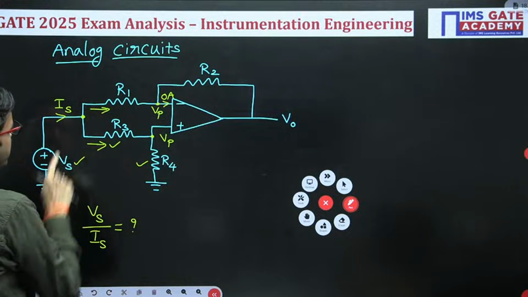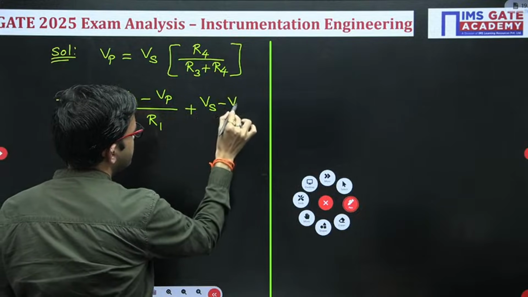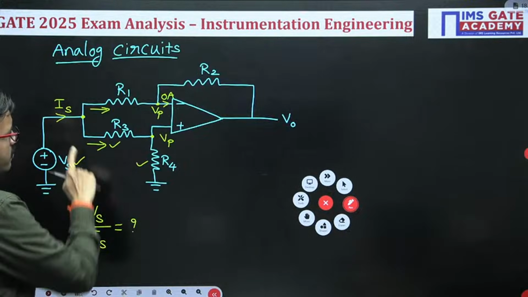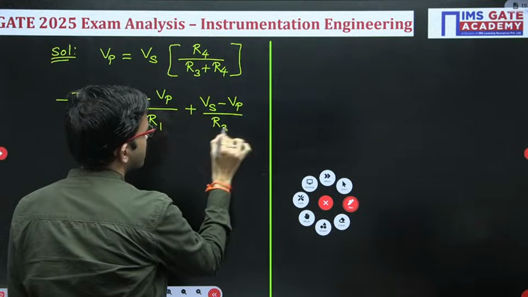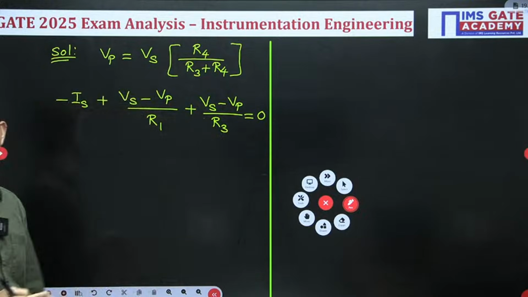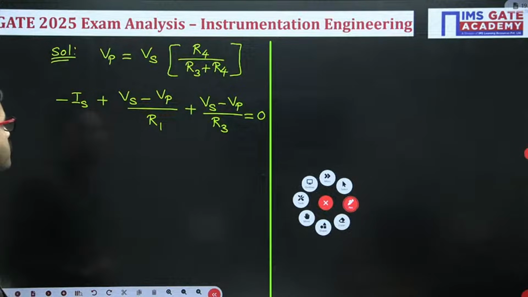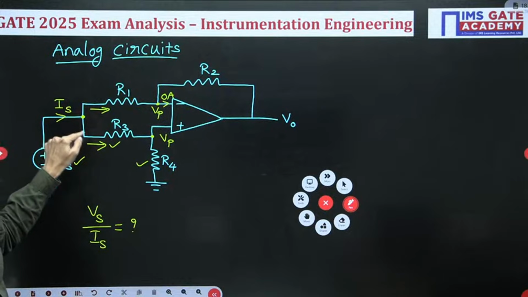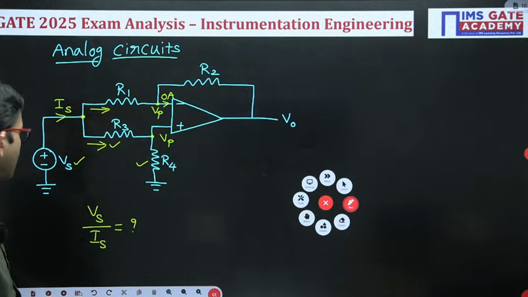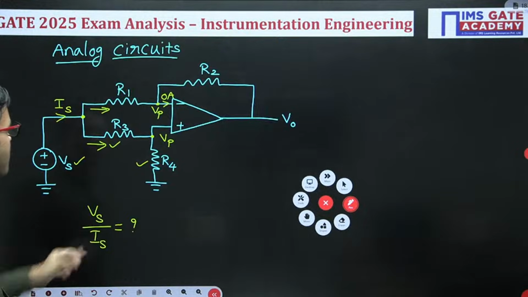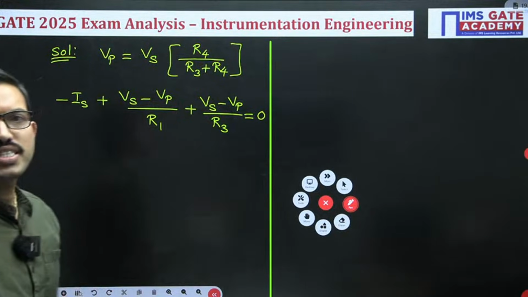So here Vs minus Vp divided by R3 is equal to 0. Is it clear up to this point? Any doubt? How we are able to write the nodal equation at this node? Minus Is plus Vs minus Vp by R1 plus Vs minus Vp by R3 is equal to 0. Is it clear up to this point?